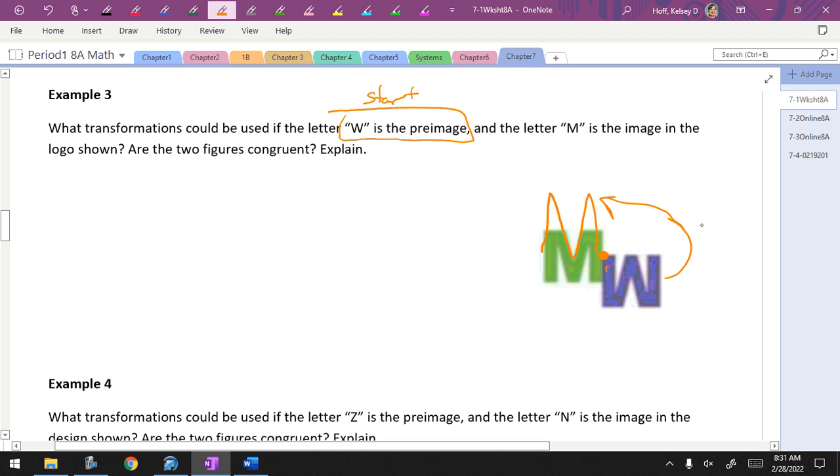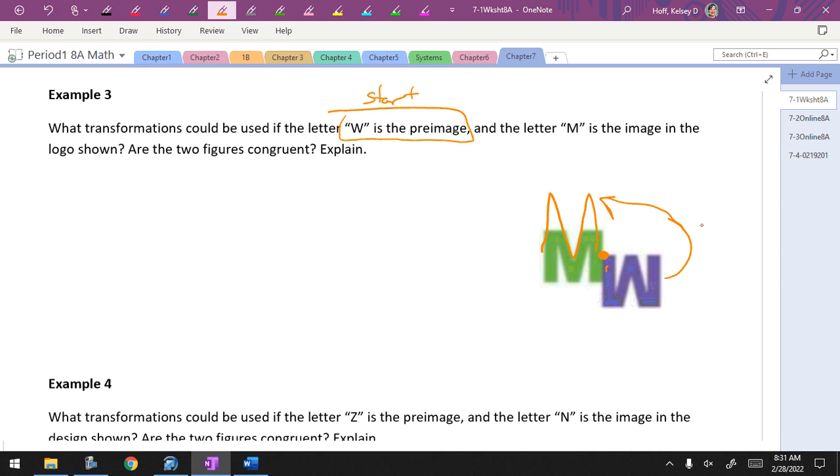What's another thing I may have to do to get it to match up perfectly? We rotated it. Reflect. Now reflect is going to flip it. Translate. I would probably translate it. So are the two figures congruent?